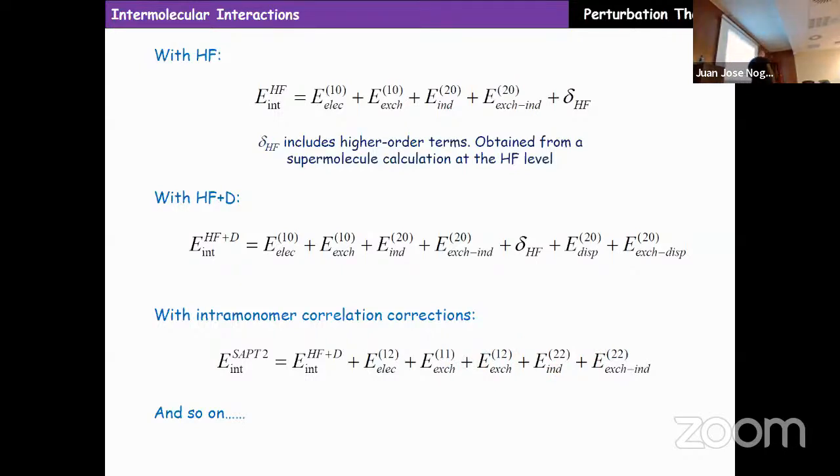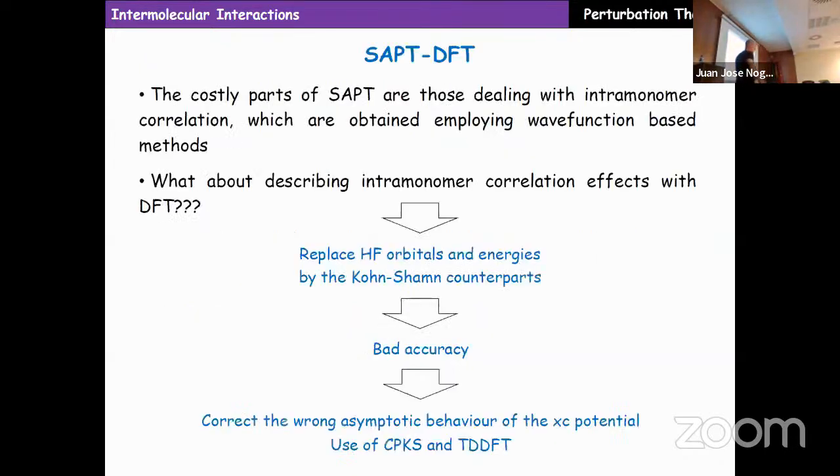So many terms we have there. That's why I say that you get a lot of insight, because we decompose your interaction into many small pieces. Well, the cost of SAPT using wave functions including intramonomer electron correlation is very large. So it's a very expensive method.